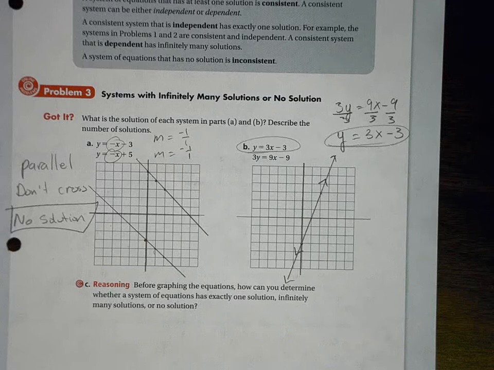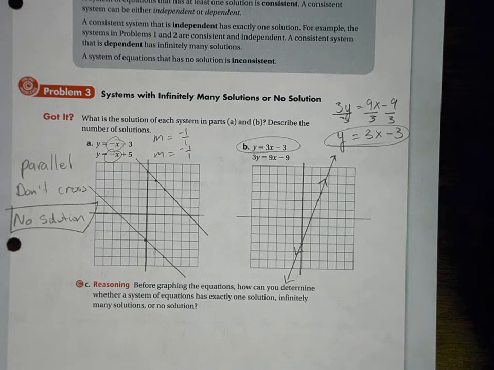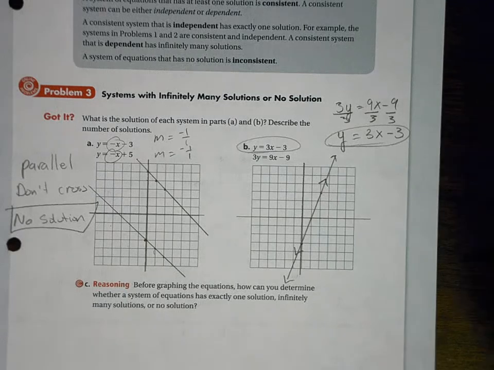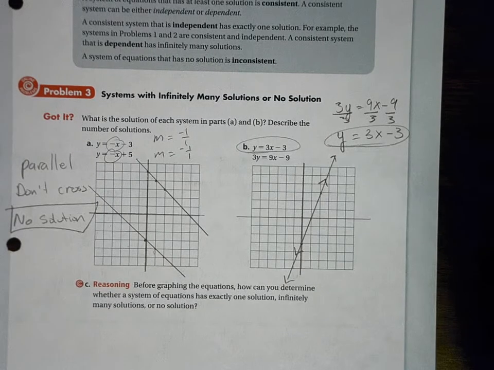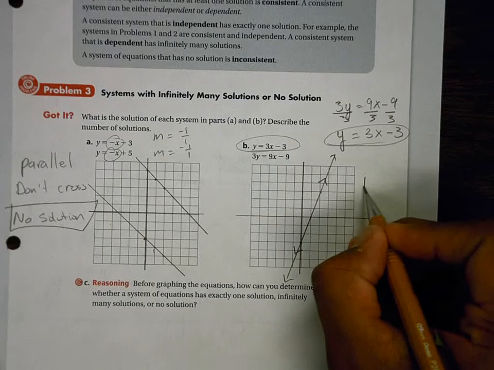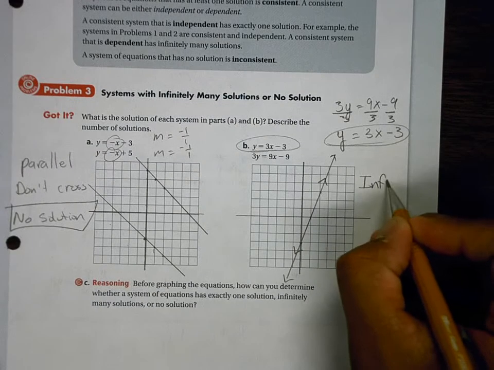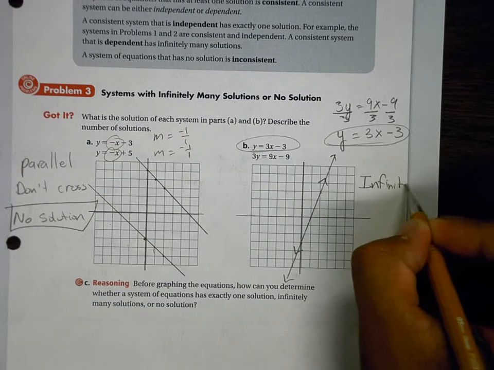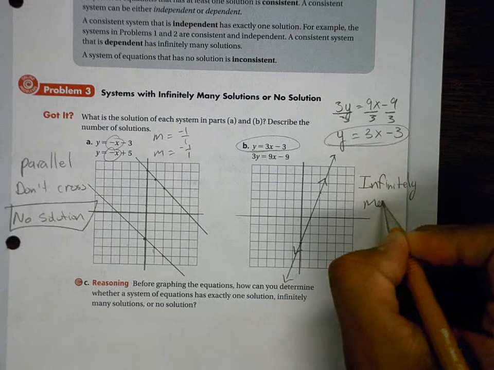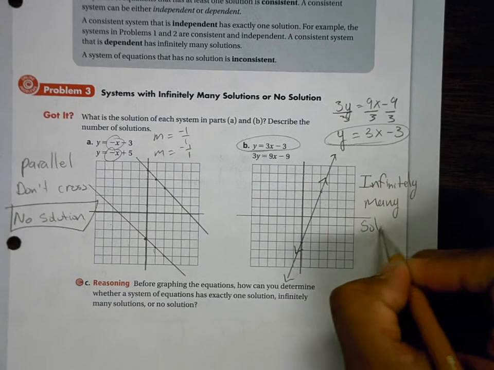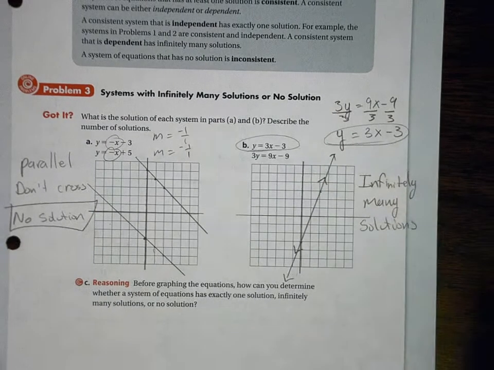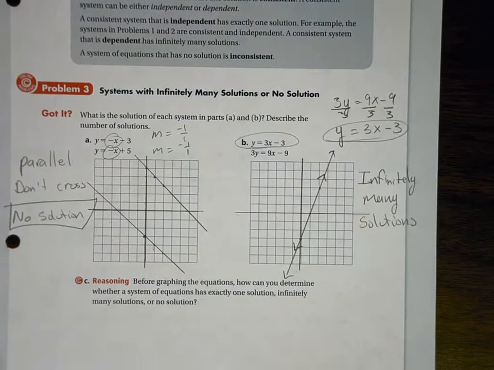So if the solution is defined as where the lines cross, well, they're on top of each other and they cross everywhere. So it's not one solution, there's actually infinitely many solutions.